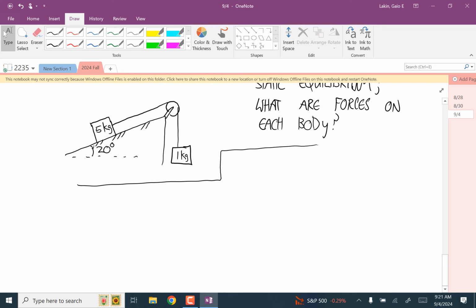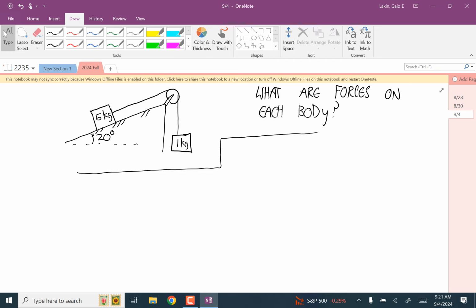Okay, we're going to start out with free body diagrams. We're heading towards Newton's second law, assuming that there's no acceleration. That's what we're always going to use for particle statics in static equilibrium. And so if you're using Newton's second law, you always have to draw free body diagrams.